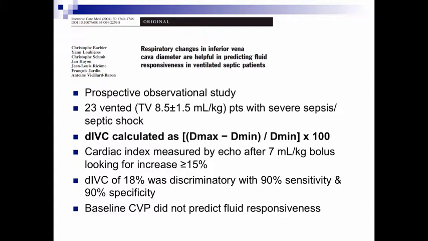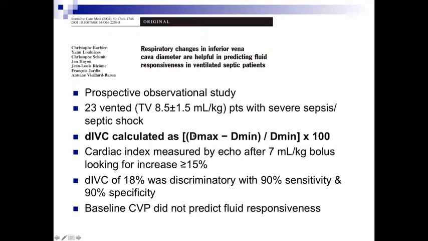This one by Barbier from Intensive Care Medicine, published in 2004, was a prospective observational study. It was 23 mechanically ventilated patients who were getting volume control mechanical ventilation with tidal volumes of about 9 mLs per kg. These were all patients with severe sepsis and septic shock. What they looked at as their assessment of respirophasic variation of the IVC is this distensibility index, the dIVC.